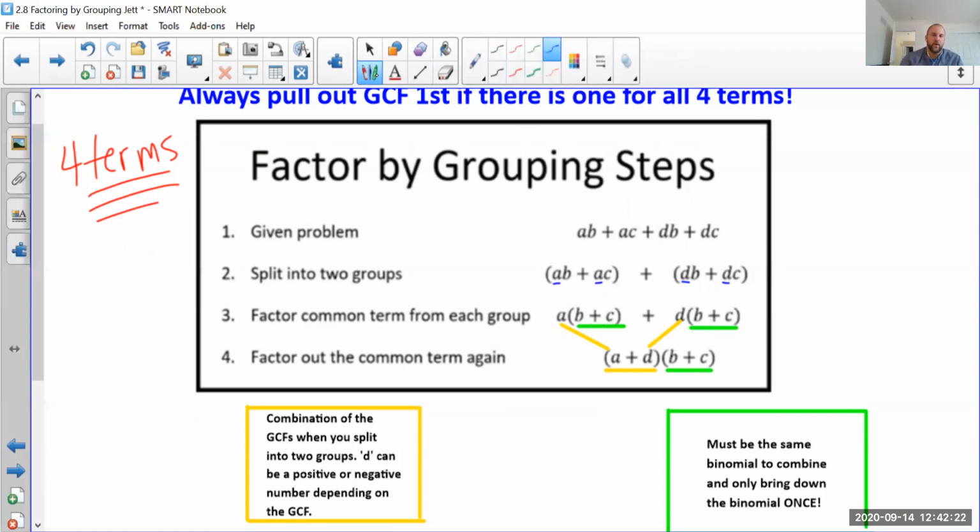It just works out that way. Again, if it's not the same, you just can't use grouping. We'd have to use some other method. We talked about synthetic division, and we're going to talk about using synthetic division to factor. So if it can't be grouped, we have to find some other way. But for now, those should be the same. That's the whole point of doing it this way.